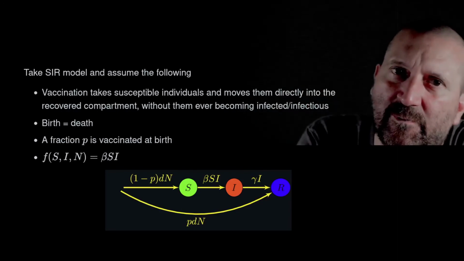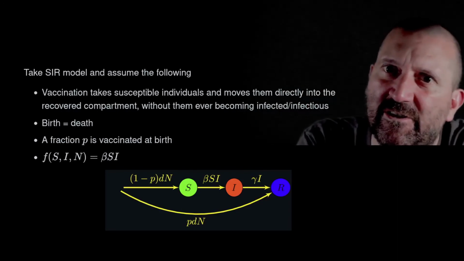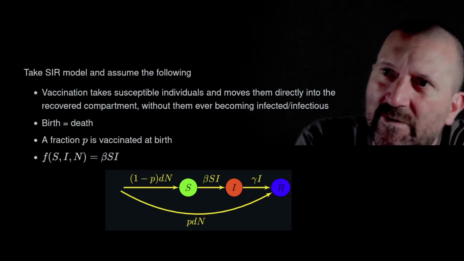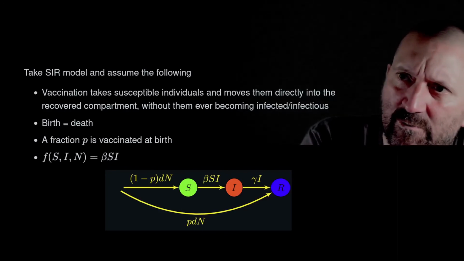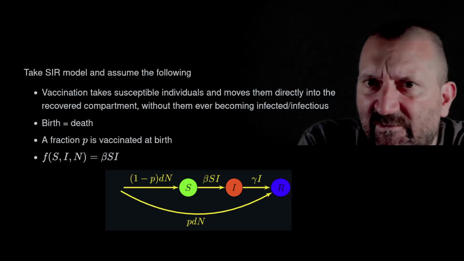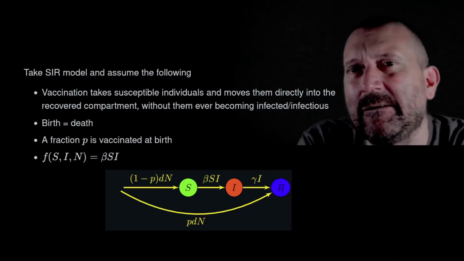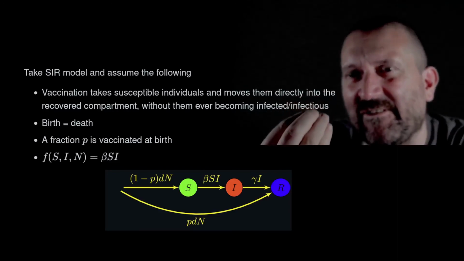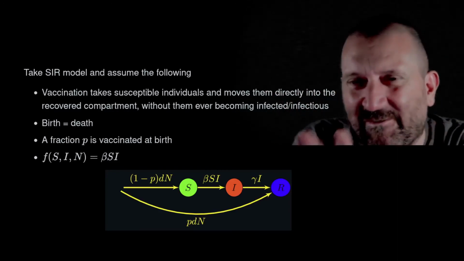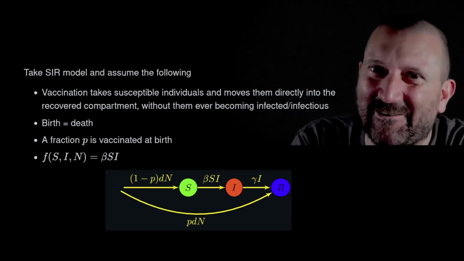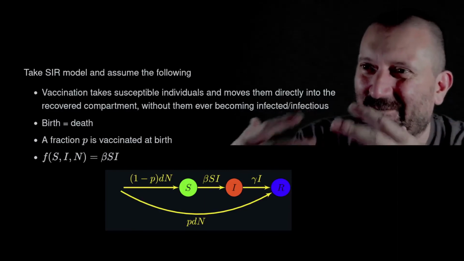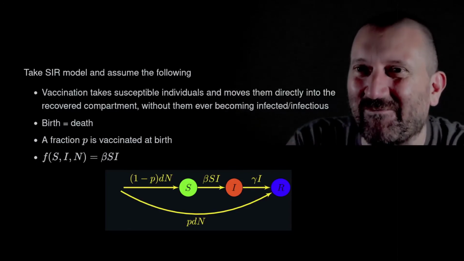And I think of mathematical models in epidemiology as important, not always in terms of how you fit data and so on, but also to help explain concepts. And this is a prototypical application of this way of thinking.